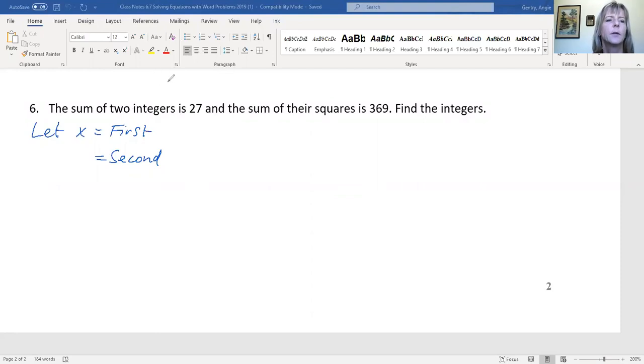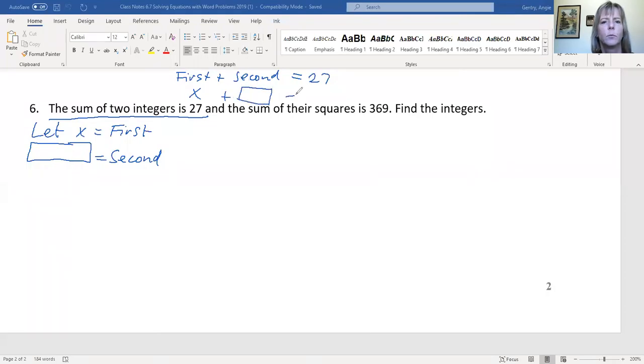So I want you to ask, hey, if I told you the first plus the second equals 27, right? Because that is stated right here, the sum of the two integers is 27. What we're trying to find here is the other one in terms of x. So x plus the blank equals 27.